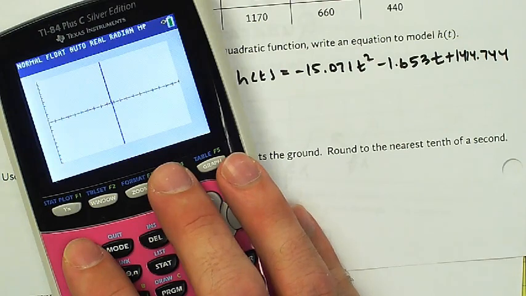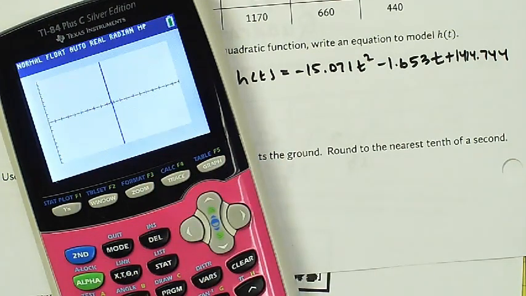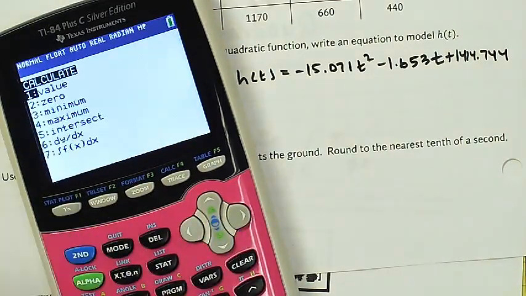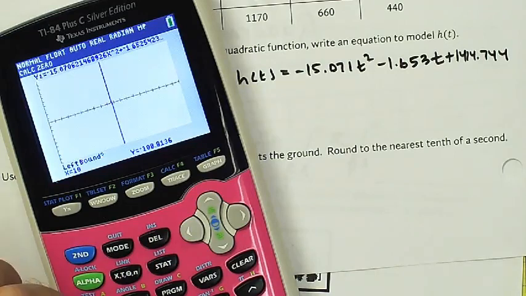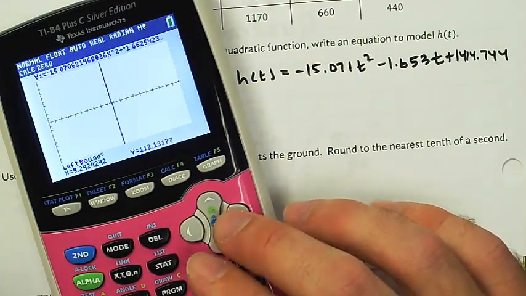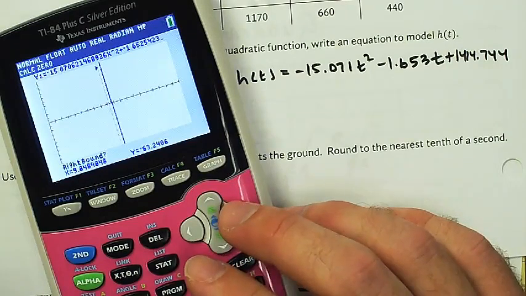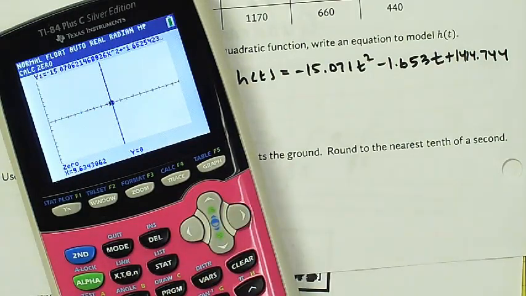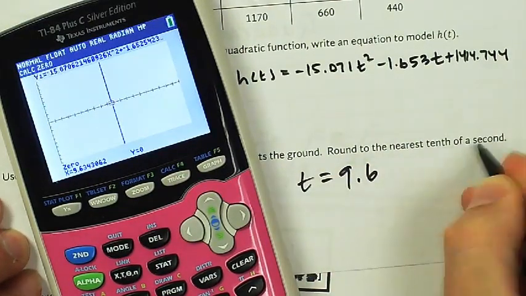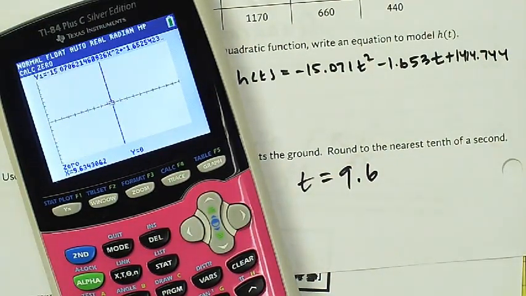Okay, there we go. We're going to calculate the 0. Looks like it's between there and, okay, I'm already in the negatives, so that would be t equals 9.6, nearest tenth of a second. All right, and that's going to be all for this one. Thanks for watching.